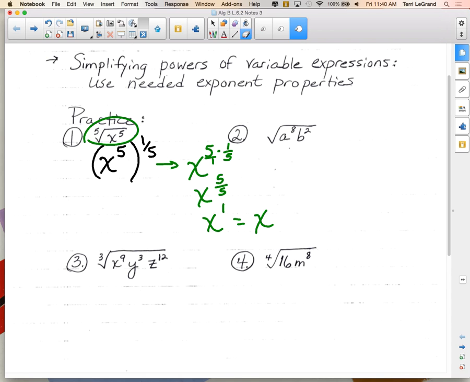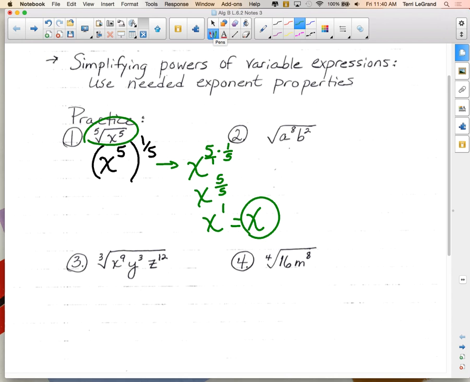Then we apply the property that when you take a power to a power, you multiply its exponents. And if you can simplify that exponent, you simplify it. And the final answer for this one should be X.